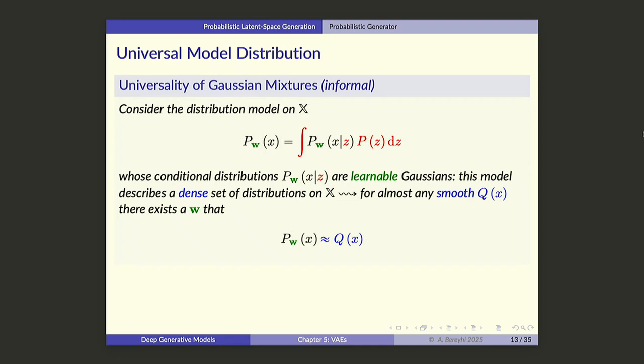But of course, depending on the PZ that you choose, the neural network that is computing the mean value for you has a different power, a different strength. But it's not important when you think asymptotically, like you assume you have a super deep neural network.